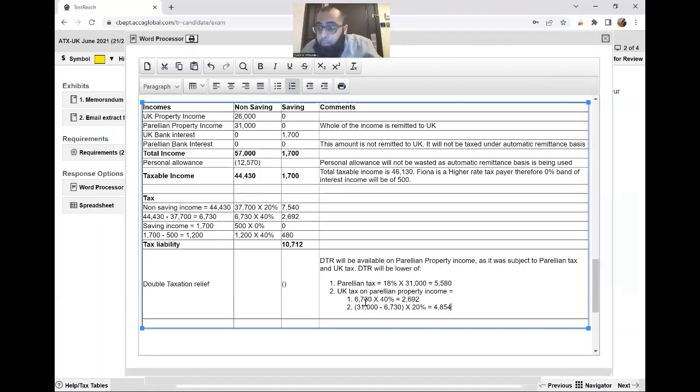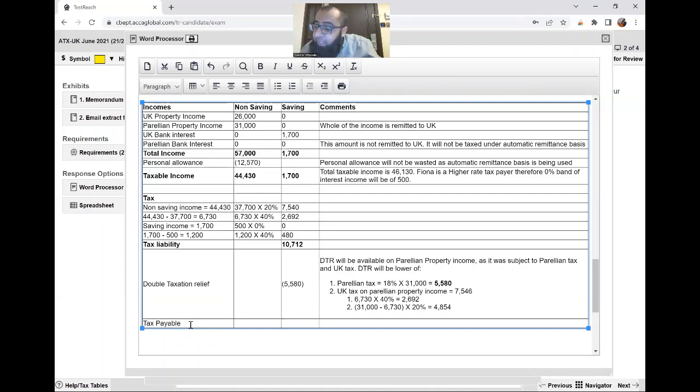So the UK tax will be 4,854 plus 2,692, so it will be 7,546. So obviously the DTR will be the lower of the two, which is 5,580. I will tell you one shortcut also, and I will repeat this also. So don't worry. You know that while you study from me, repetition is free of cost.